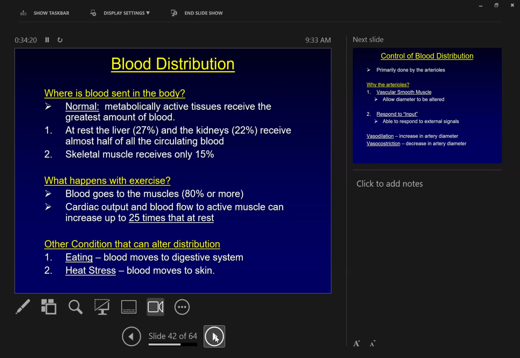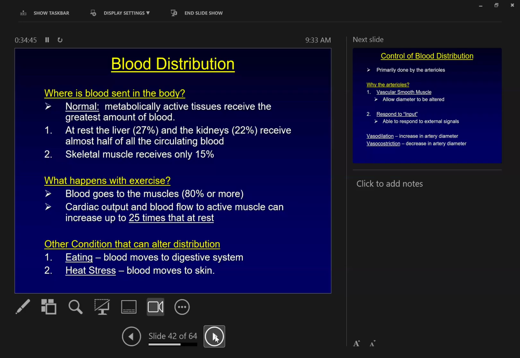So we have this tremendous capacity to send all of this oxygenated blood that has nutrients in it to the muscles that are contracting, so we can exercise at a very high capacity. So that's what's going to happen. Now, there are some other conditions, when we eat, when you have heat stress, that can alter blood distribution.